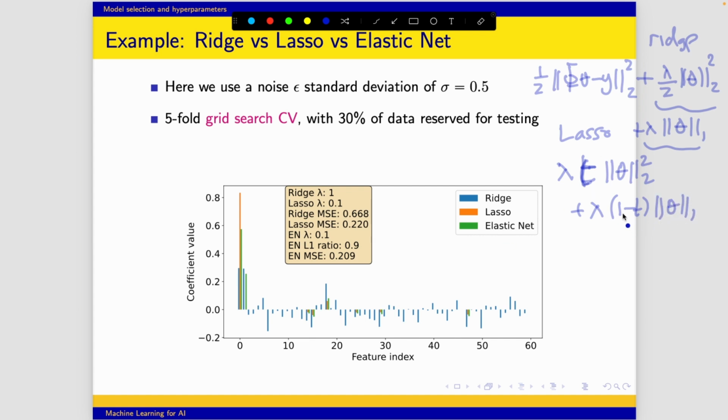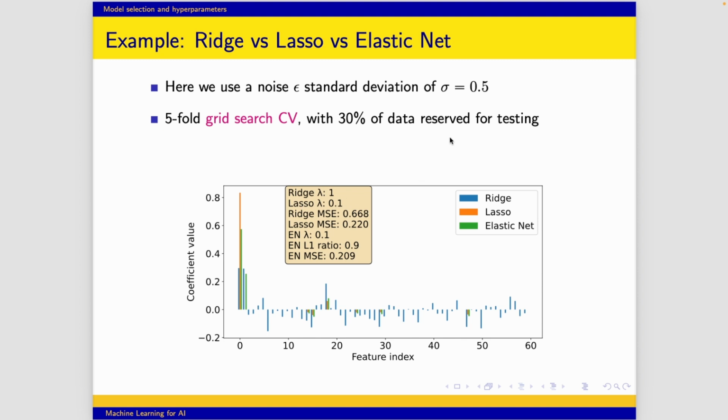So what we have here is a mixing ratio. This t is any number between 0 and 1. If we set t equals 0, we have pure lasso. If we set t equals 1, this becomes 0 and we have pure ridge. And anything in the middle will be a mix of lasso and ridge. This is the typical way of doing it, rather than calling this lambda 1 and this lambda 2. So this is the way I'm doing it.